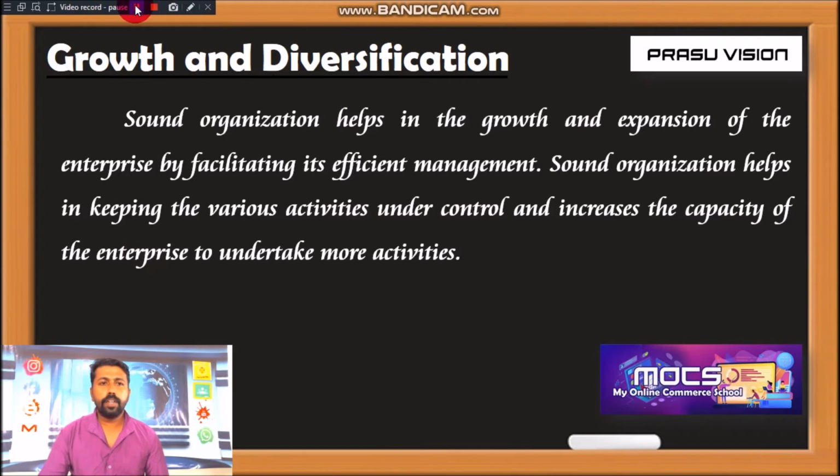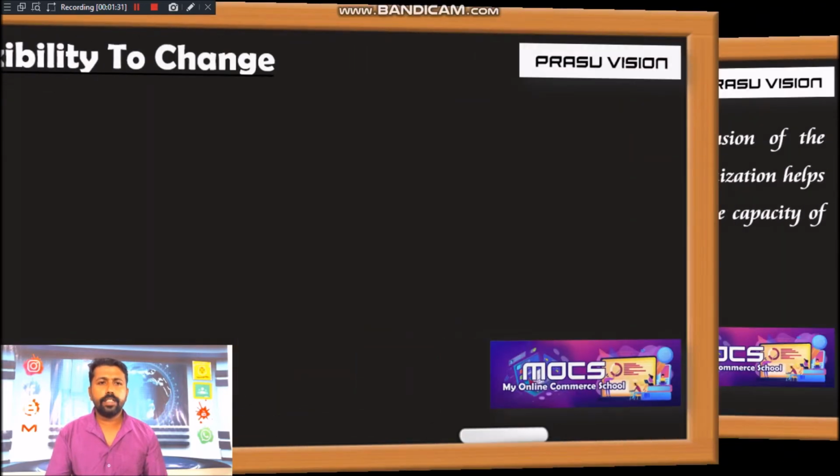So remember the points. Without organizing, we cannot move ahead to achieve growth and diversification. So remember, every time effective organization of all activities under control will help for a higher level of achievement in the organization.